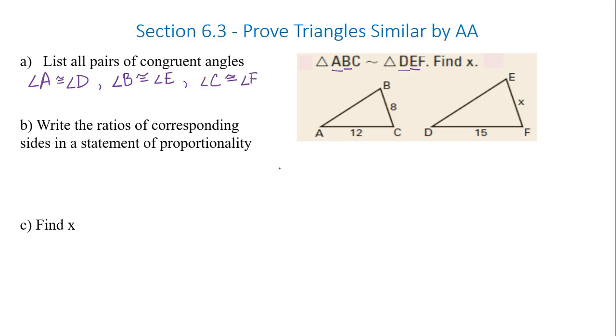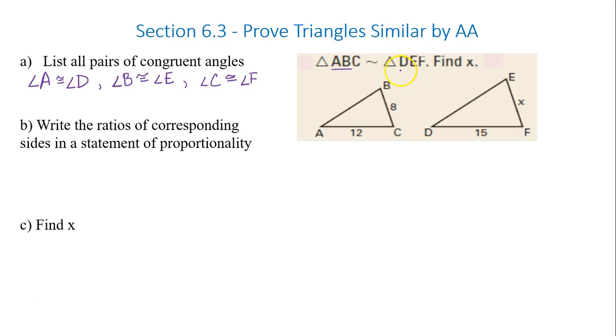Now on part B, it says write the ratios of corresponding sides in a statement of proportionality. So in our statement of proportionality, we look at our corresponding sides of our triangles. Similar to what we did for our angles up here, I'm going to mark the sides, because putting two letters together here creates a side of our triangle.